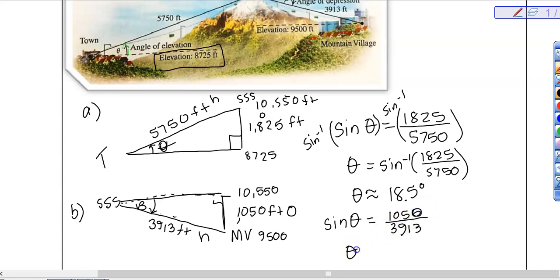So theta equals sine inverse of 1050 over 3913. And you're going to give me an approximation. Should be a little less, I think, of a degree. Let's get confirmation. 15.6 degrees.